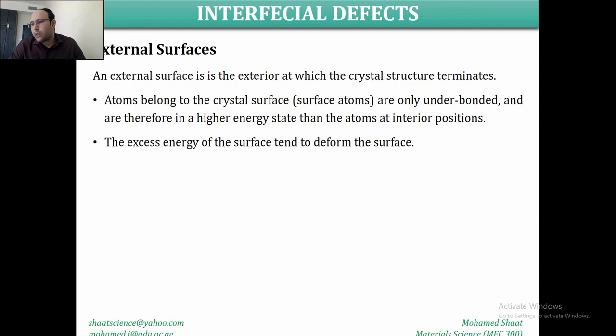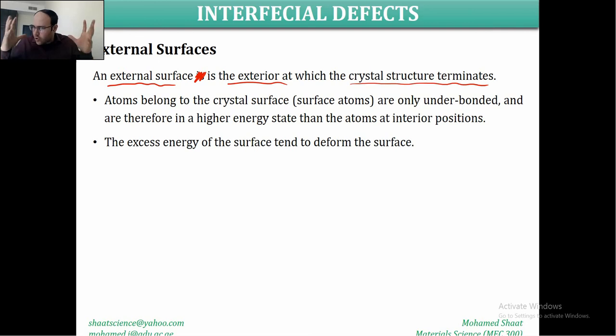So what is an external surface? External surface, from the name, it is the external surface of any crystal. It is the exterior at which the crystal structure terminates. For example, if we talk about any crystal, we said that this crystal consists of many unit cells and that represents the structure or the way of arranging the atoms. So originally the crystal consists of many atoms.